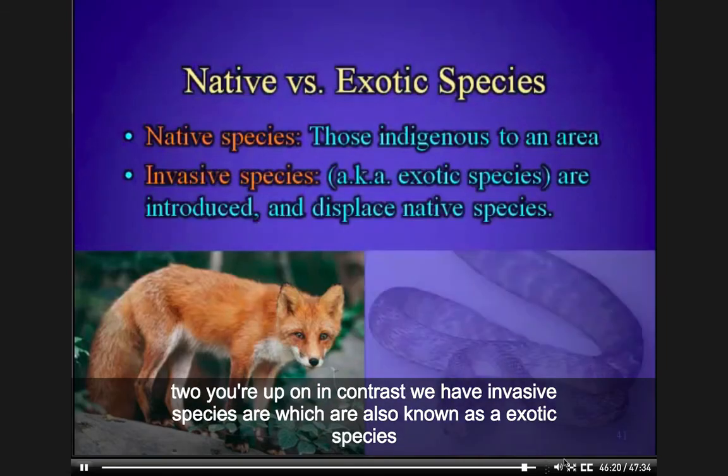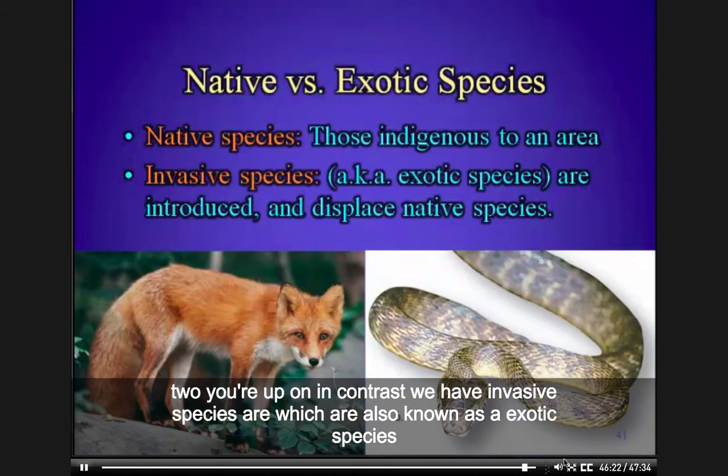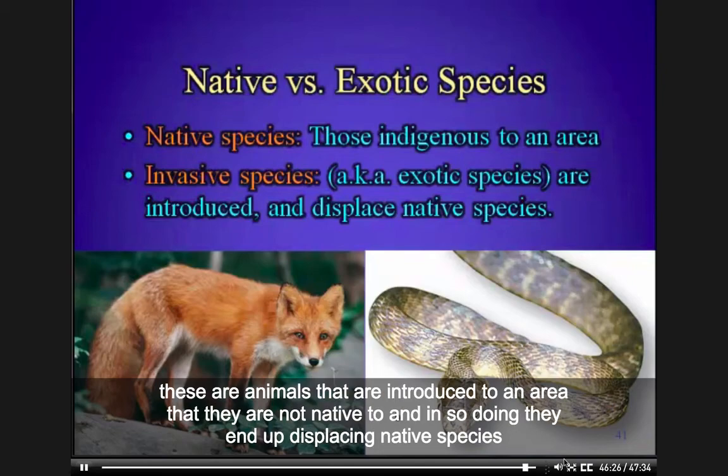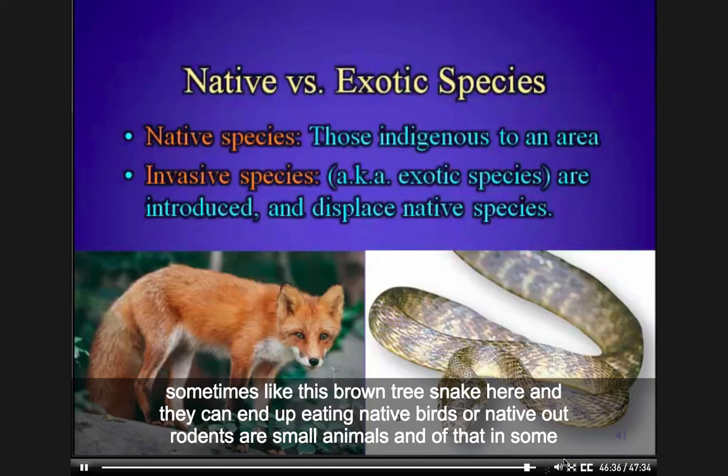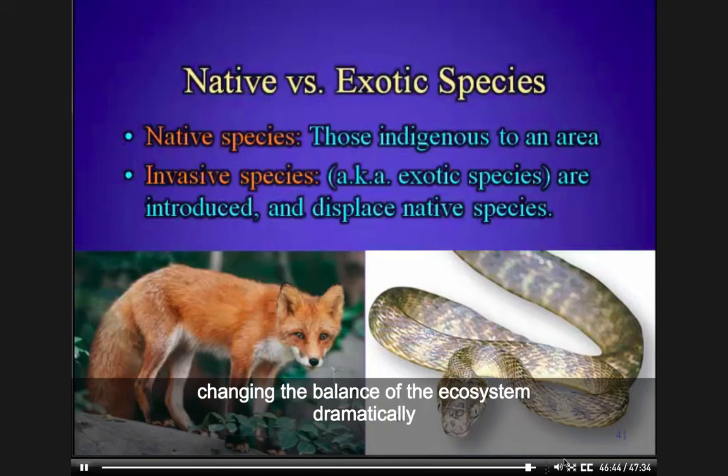In contrast, we have invasive species, which are also known as exotic species. These are animals that are introduced to an area that they are not native to. And in so doing, they end up displacing native species. Sometimes, like this brown tree snake here, they can end up eating native birds or native rodents or small animals, and that ends up changing the balance of the ecosystem dramatically.